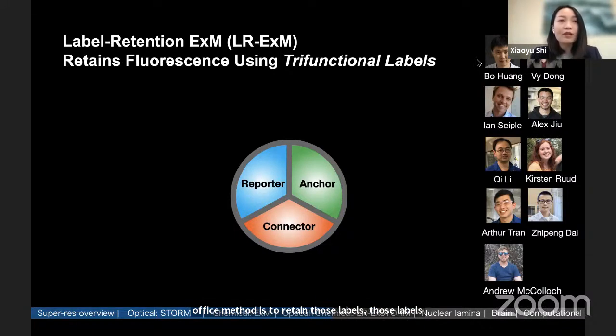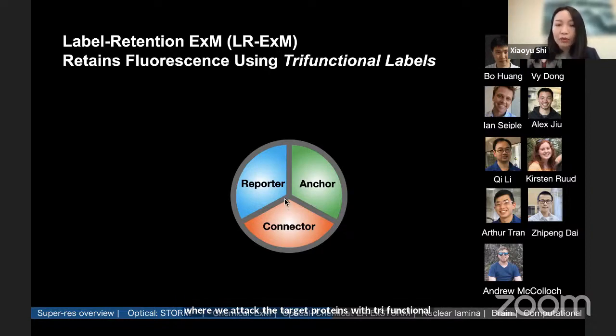So we call this method label retention expansion microscopy, short as LR-ExM. The key is a series of trifunctional labels. We don't use organic dye at the beginning to immunostain the samples anymore. Instead, we immunostain or we tag the target proteins with trifunctional labels. Each of the labels has 3 functions.